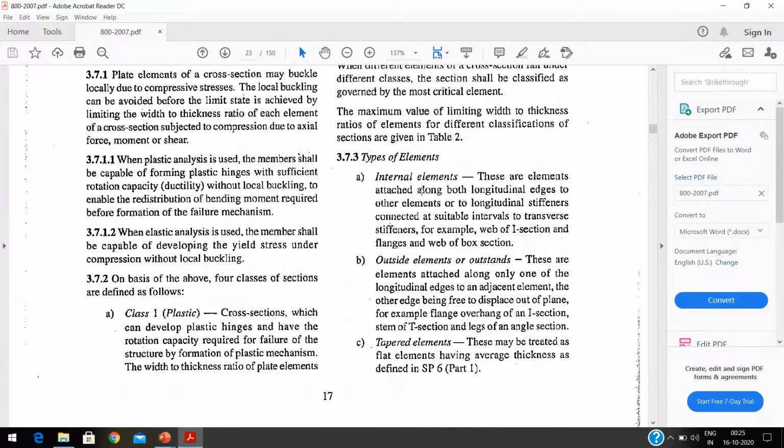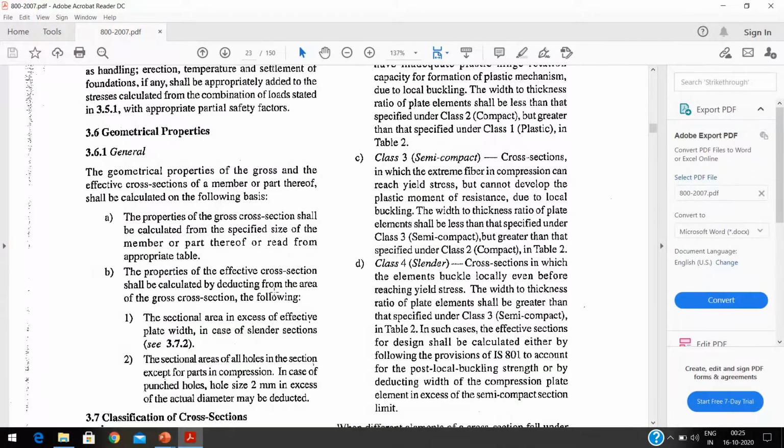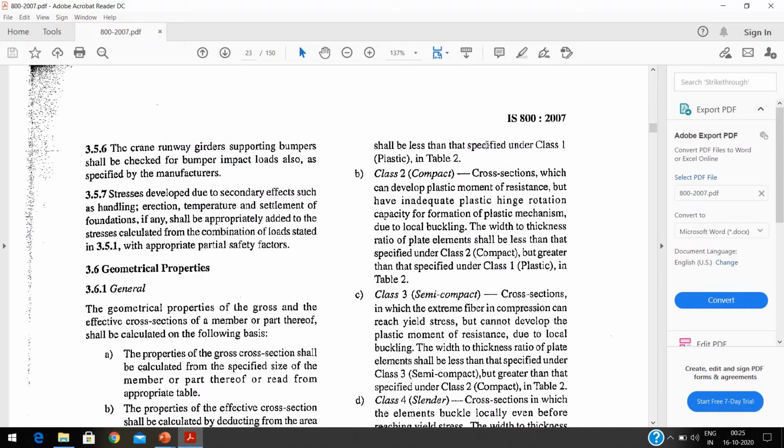As you can read over here, in class 1 the cross sections can develop plastic hinges and have the rotation capacity required for failure of the structure by formation of the plastic mechanism. The width to thickness ratio of the plate elements shall be less than that specified under class 1 in table 2.